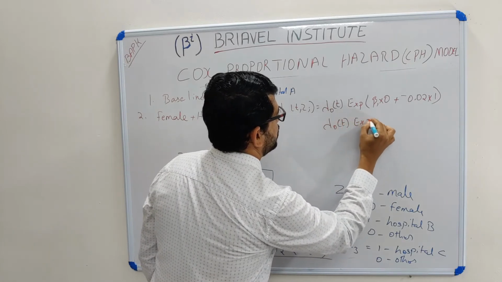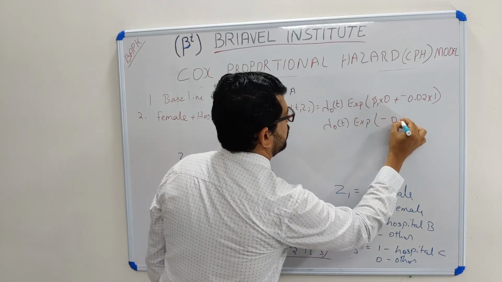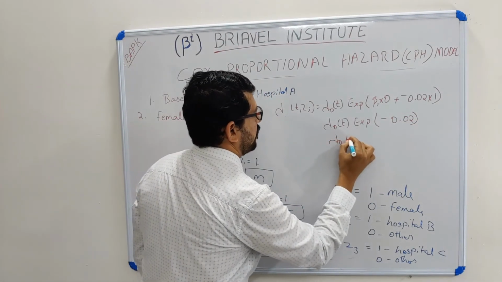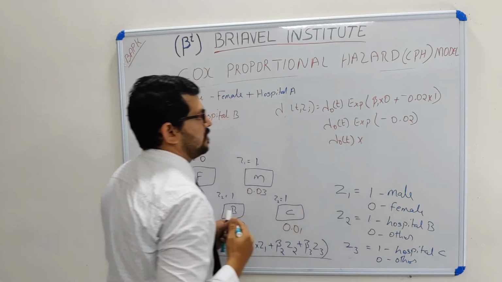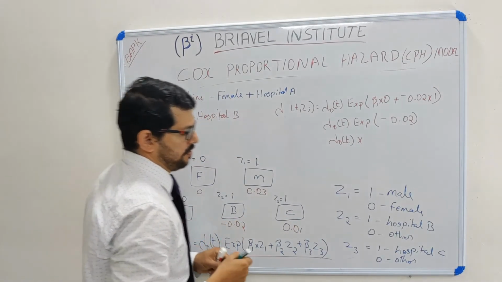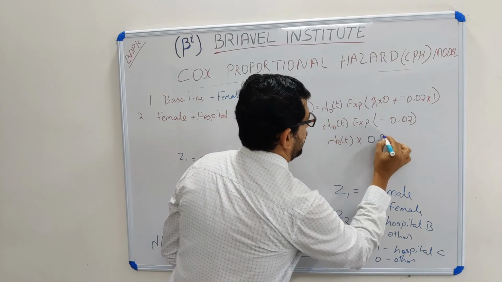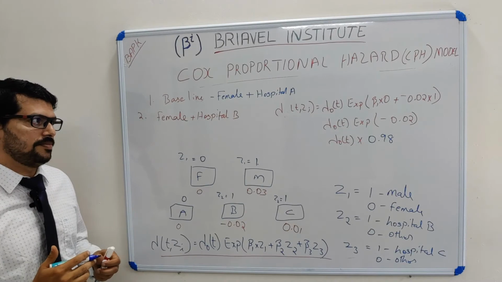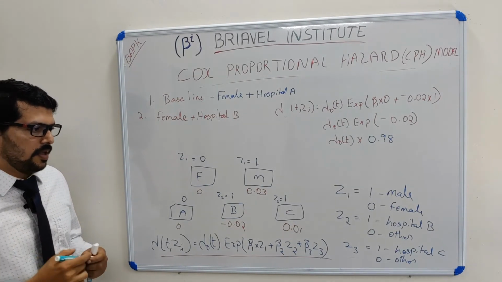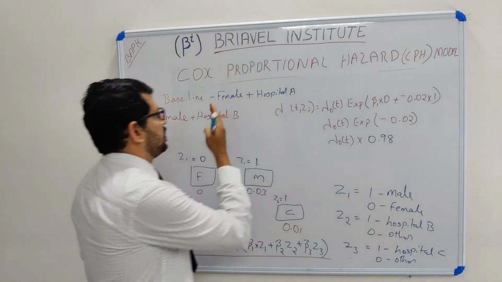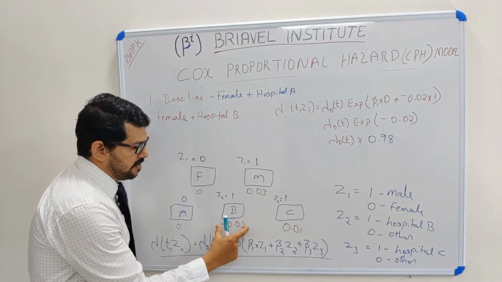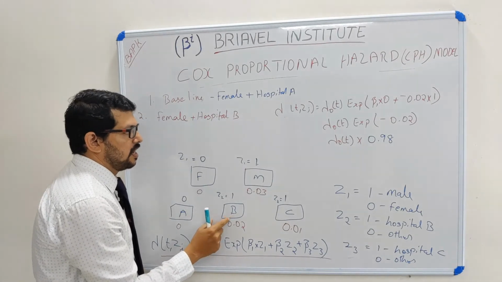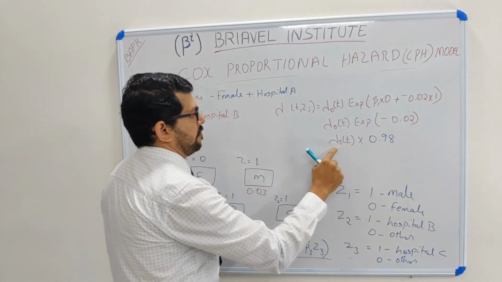Lambda 0 t exponential minus 0.02. We will get lambda 0 t into exponential minus 0.02, which is approximately 0.98. So what happened to my hazard rate? Because this regression parameter is minus 0.02, this negative sign means the hazard rate is decreased.